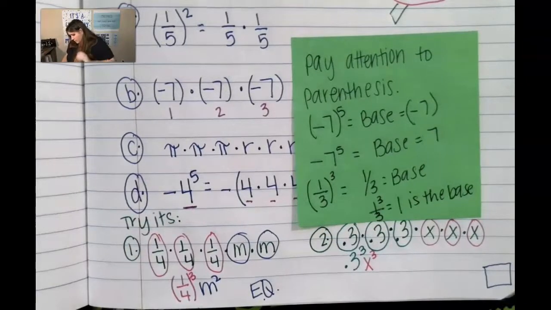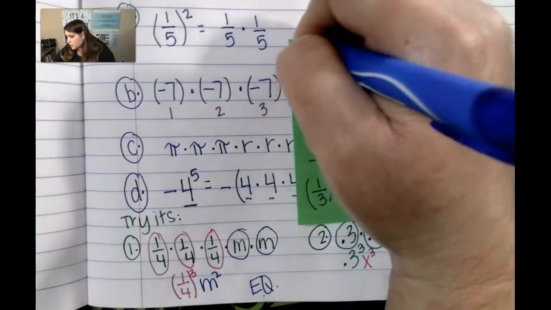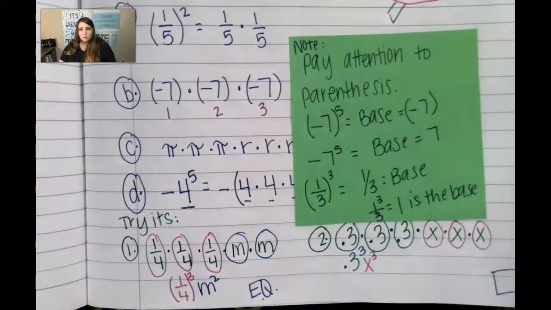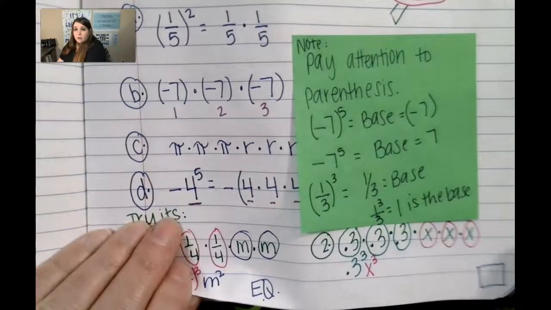Okay, so hopefully that will help a little bit in explaining the parentheses. Okay, so this is just an addition to our notes from yesterday. Hopefully that helps with some of the confusion that was there, and I apologize to you for that confusion. I'm sorry about that.